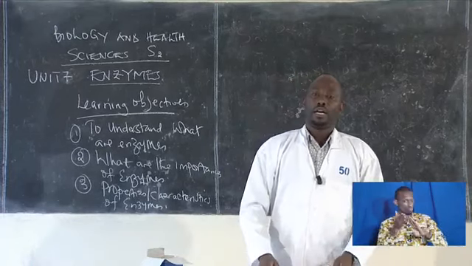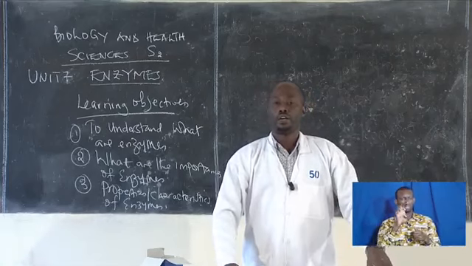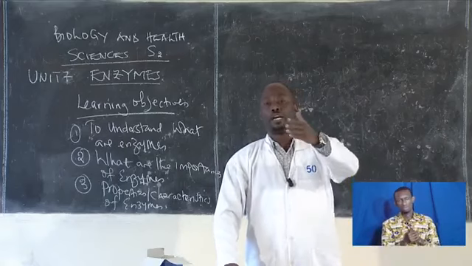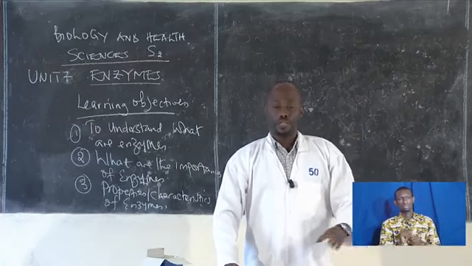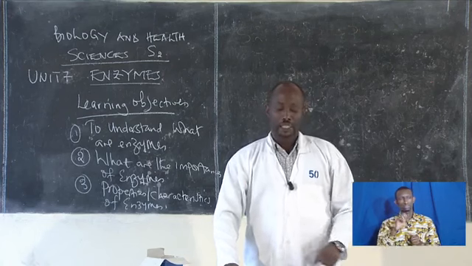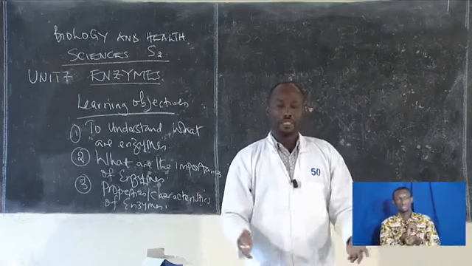By definition, enzymes are biological catalysts, which are protein in nature. If I say protein in nature, specifically I mean they are globular proteins, and they can speed up or slow down the rate of chemical reactions, but they remain unchanged at the end of the reaction.